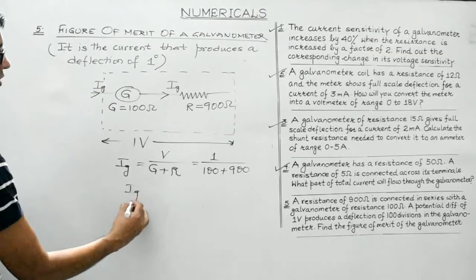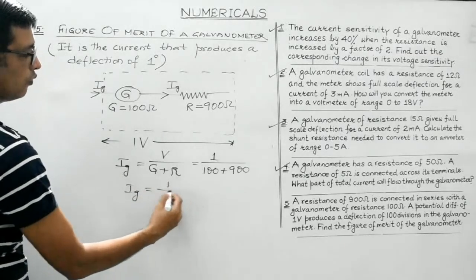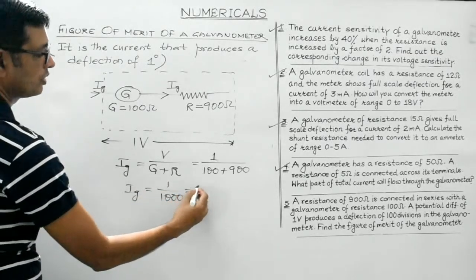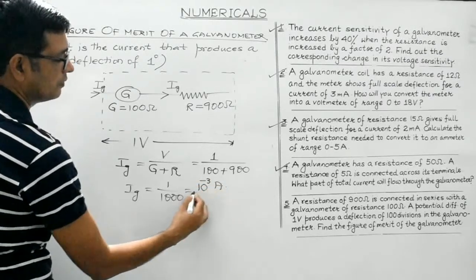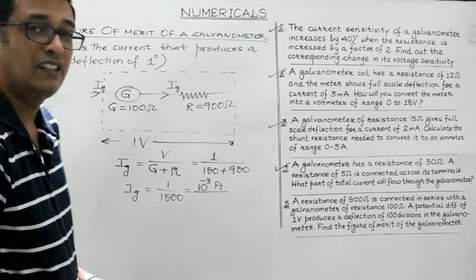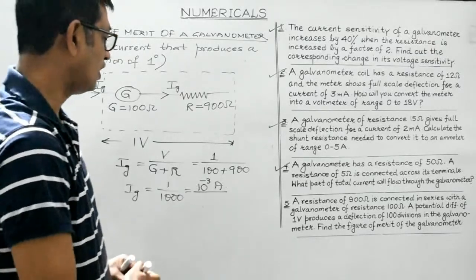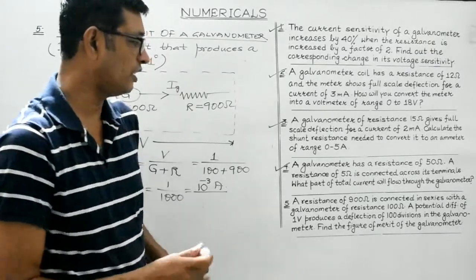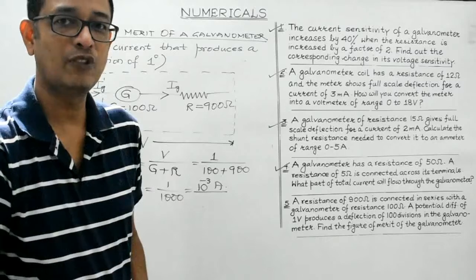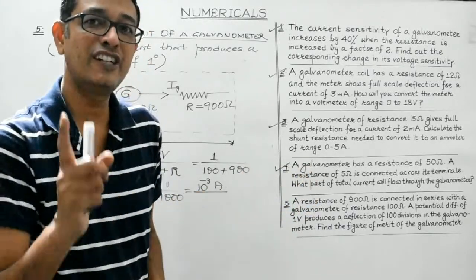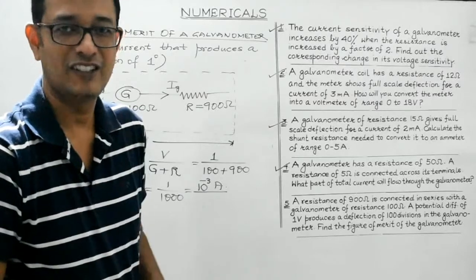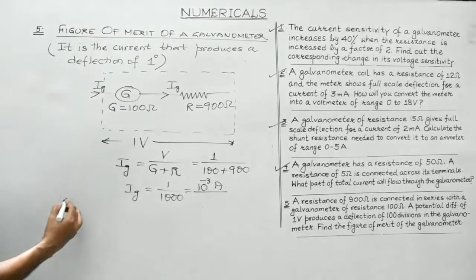So Ig would be equal to 1 by 1000, which is 10 raised to power minus 3 ampere. So what it means is, for a current of 10 raised to power minus 3 ampere, the galvanometer produces a deflection of 100 divisions. Clear, students?